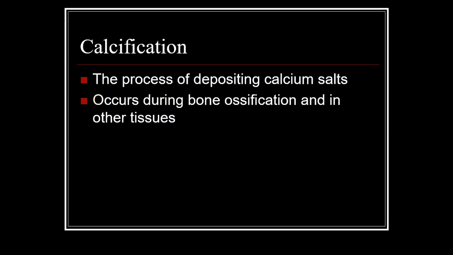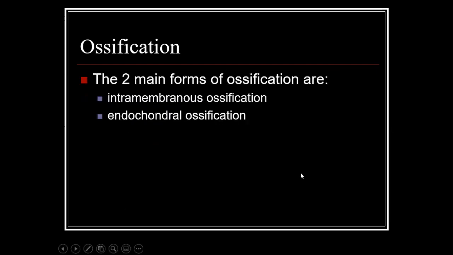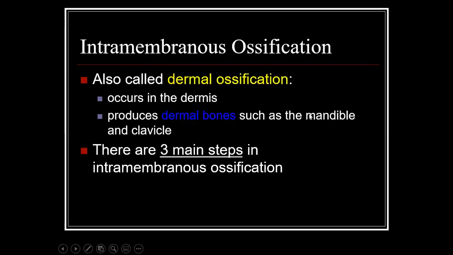Calcification is the process of depositing calcium salts, so that hydroxyapatite, which is the calcium phosphorus mixture, and occurs during bone ossification and in other tissues. The two main forms of ossification are intramembranous ossification, between the membranes, and endochondral, or within cartilage, ossification.